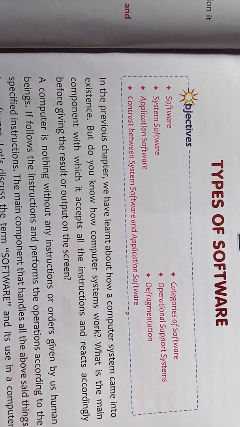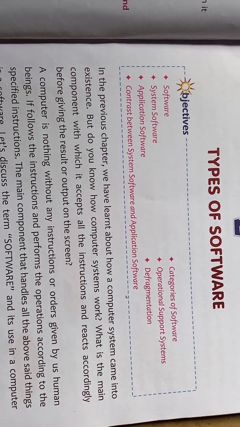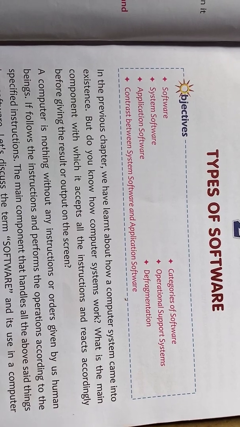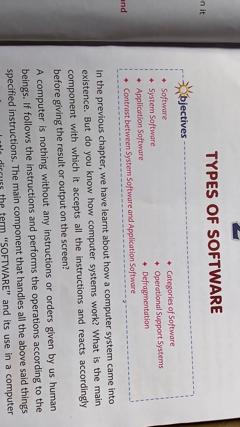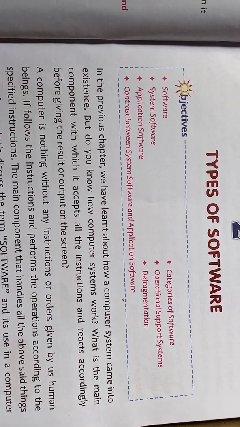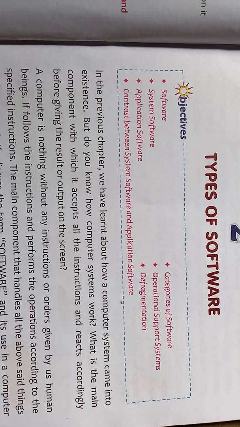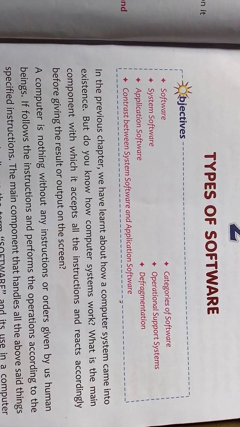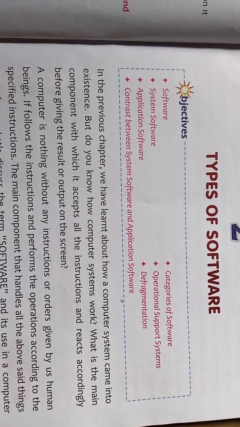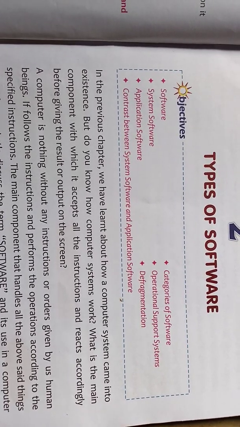In the previous chapter we have learned about how a computer system came into existence. But do you know how a computer system works? What is the main component with which it accepts all the instructions and reacts accordingly before giving the result or output on the screen?